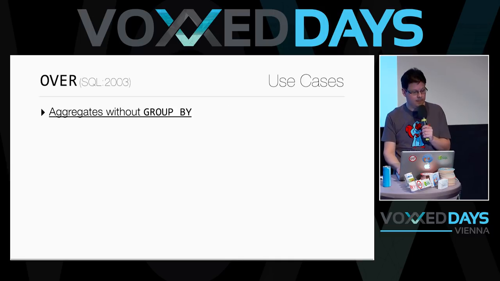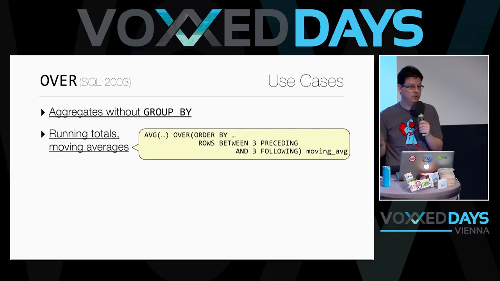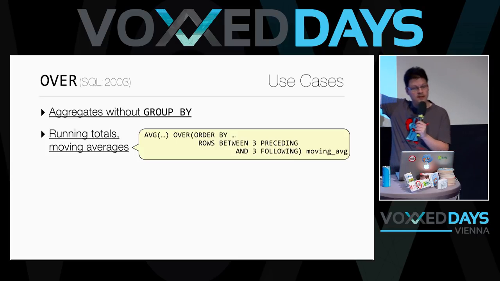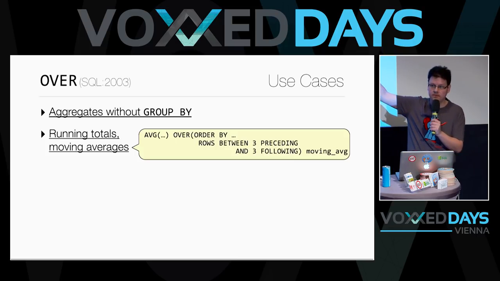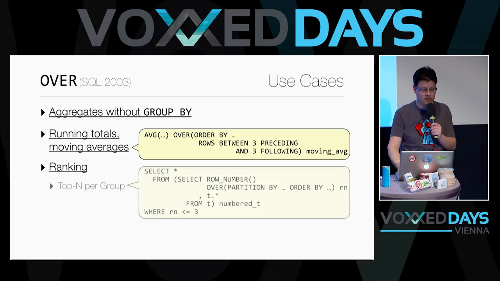So in a nutshell, what's the main use case of this over clause? Aggregates without group by is still the most common use case for the over clause. Other than that, you can do running totals, like I've just shown you. Moving averages, you can say between 3 preceding and 3 following. That works. Ranking, of course, all these functions I've shown you before, dense rank, rank, row number, and so on.